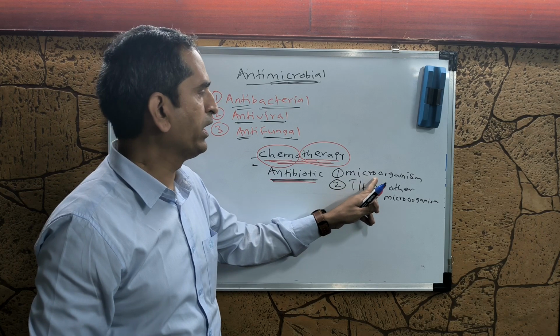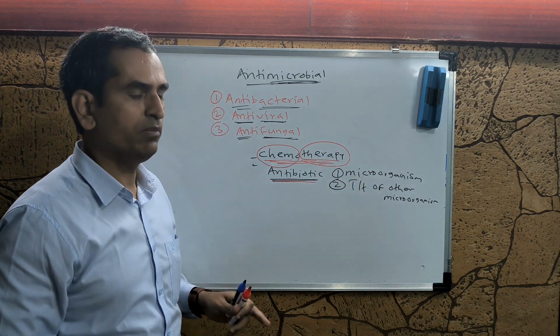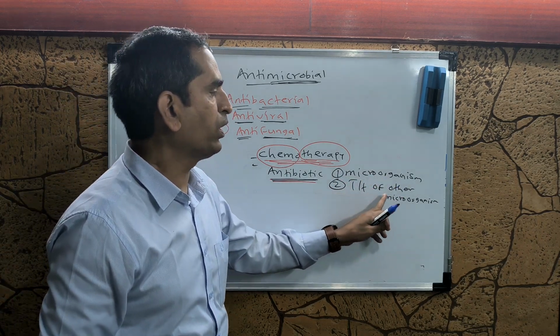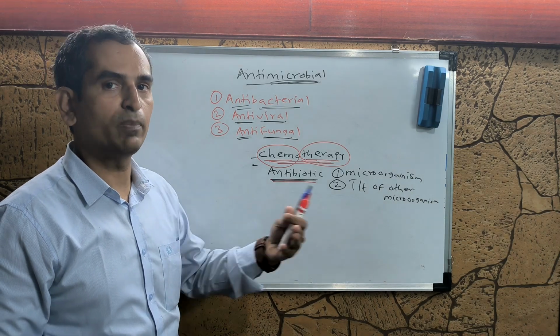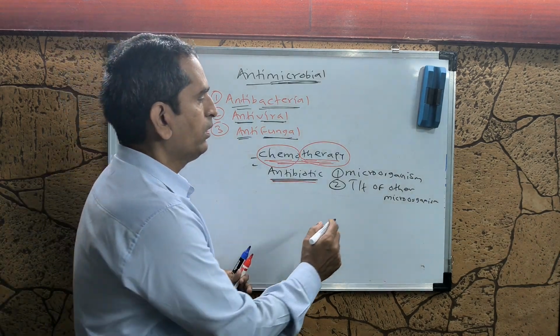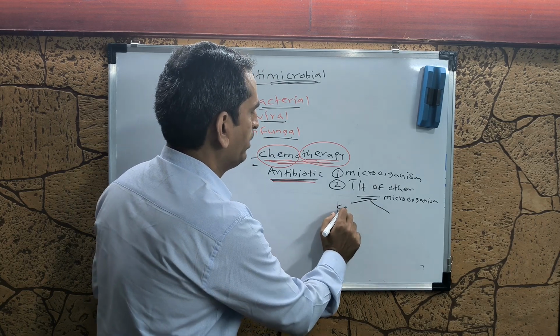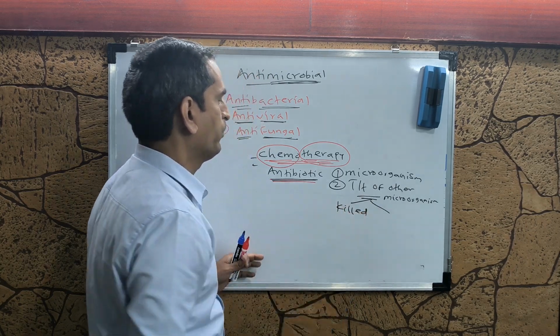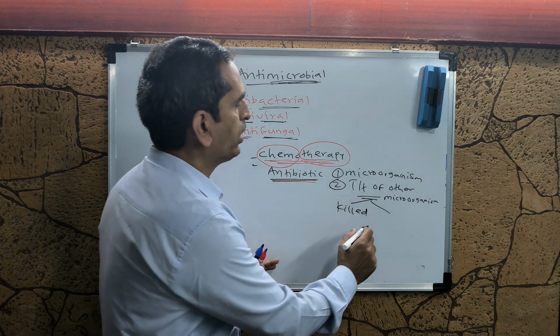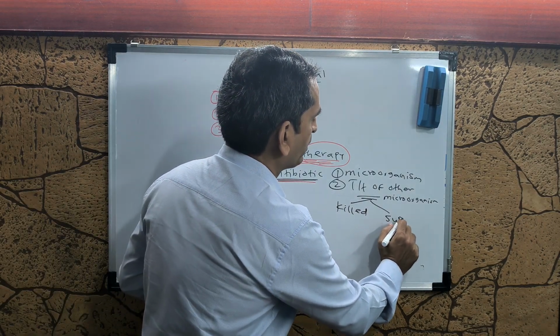One is it has to be derived from a microorganism, and it is used for the treatment of infections caused by other microorganisms. Now these microorganisms can be either killed by the antibiotic or their growth can be suppressed.